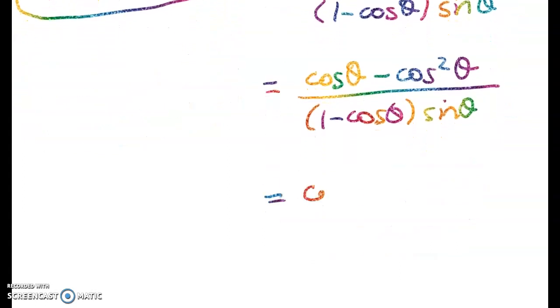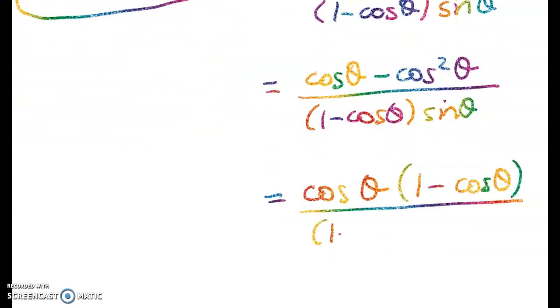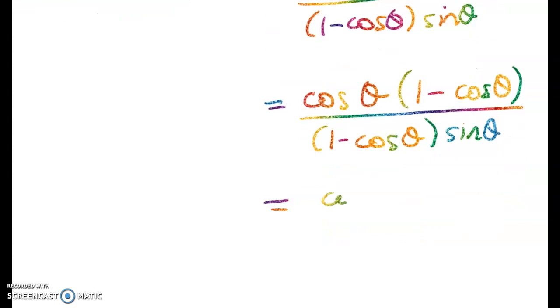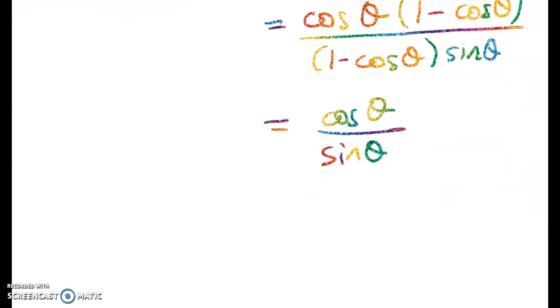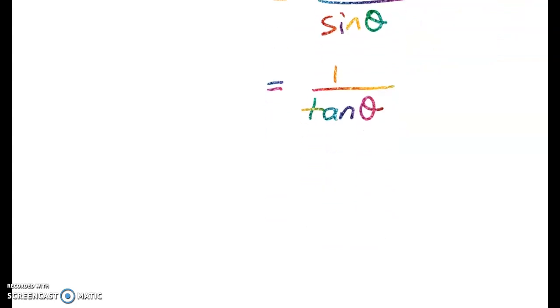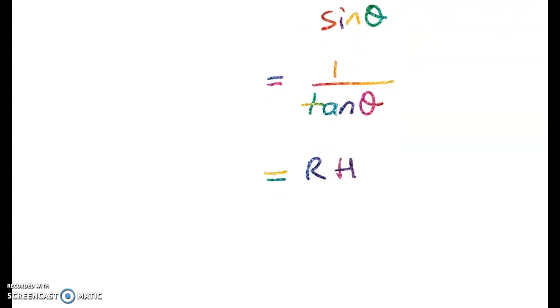That equals cos theta times 1 minus cos theta over 1 minus cos theta times sine theta, which can be simplified to cos theta over sine theta, which is the reciprocal of tan theta. So that's equal to 1 over tan theta, and we're done. So that equals the right-hand side as required.